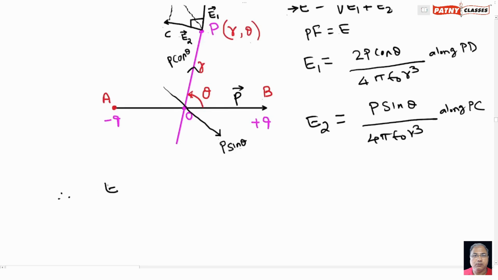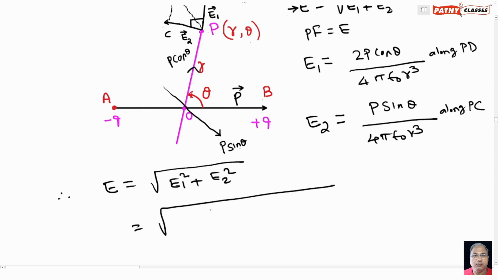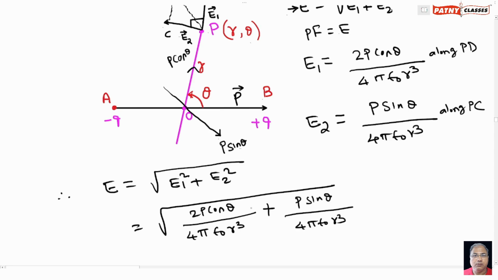Therefore E equals under root of E1 square plus E2 square, which equals under root of, what is the E1 value? 2P cos theta divided by 4 pi epsilon naught r cube, and what is the E2 value? P sin theta divided by 4 pi epsilon naught r cube. Of course, here is a square, here as well a square.